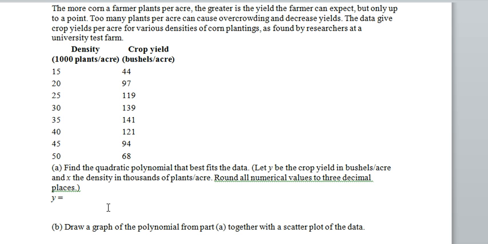So we're going to have negative 0.273 x squared plus 18.104 x minus 161.756.